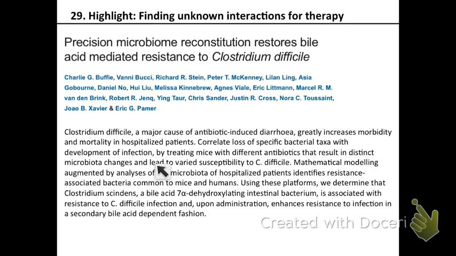And then they looked at the varied susceptibility to Clostridium difficile. They used mathematical modeling to find out which of the remaining bacteria were most correlated with a high resistance to Clostridium difficile infection, right?